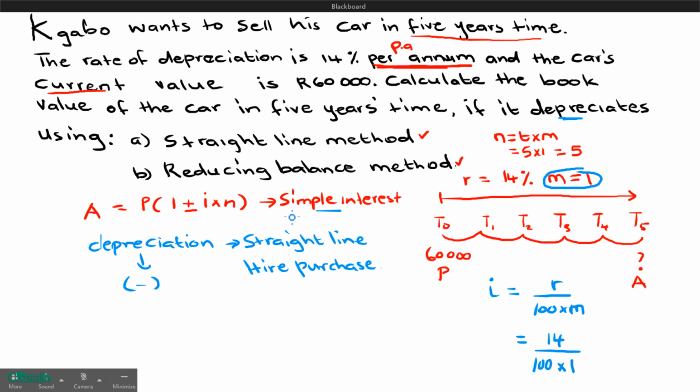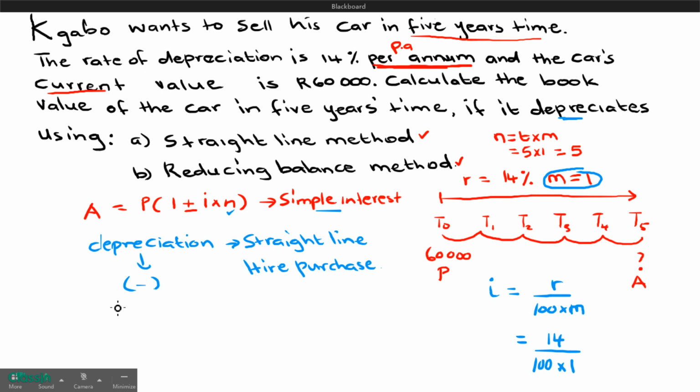Moreover, the value of N is 5. So if I go to my formula and do substitution, the present amount is 60,000, but the future value is not known.